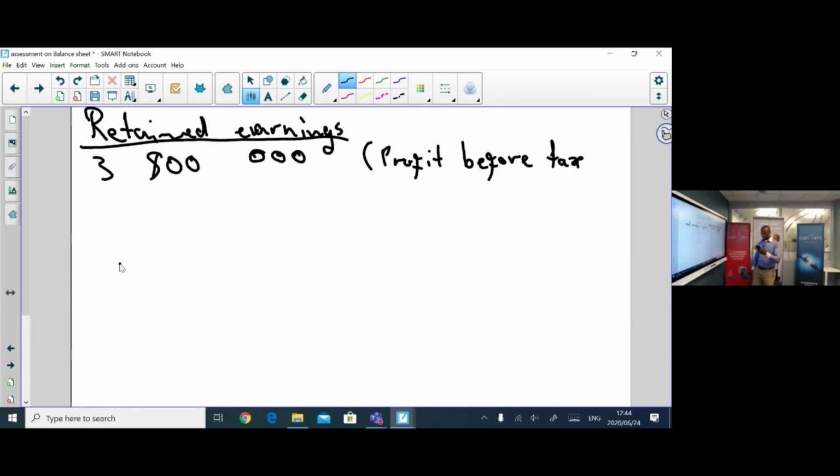Then after that, remember the funds used to repurchase. We repurchased those 200,000 shares from that owner who was going out of the country for 770.